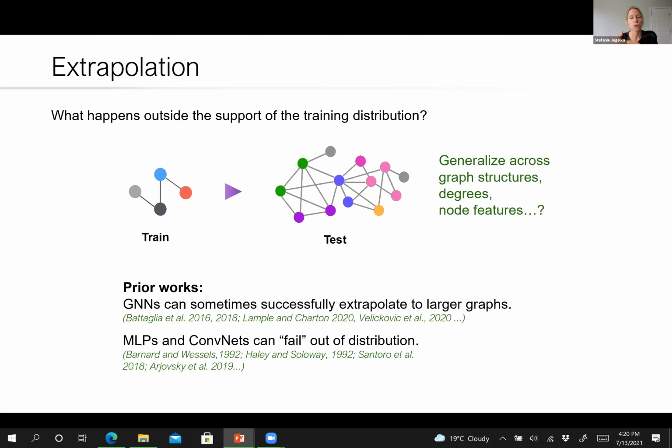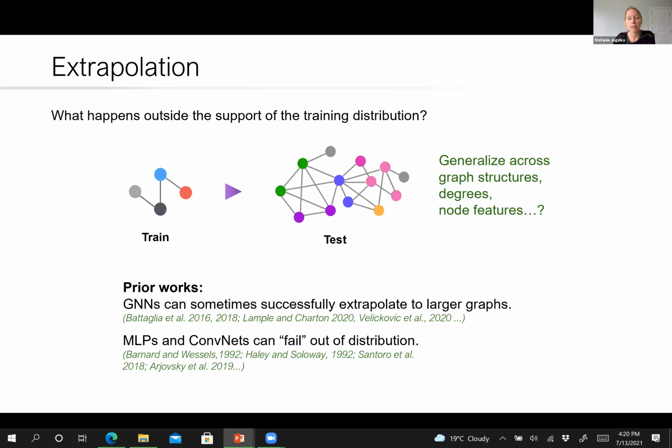But sometimes you can do it, and the question is under which condition. Also, if you look at the literature for fully connected networks, they typically are very restricted out of distribution. So basically, if you go away from the training data set. What we are really looking at here is a test data set that is potentially completely outside of the support of your training distribution.